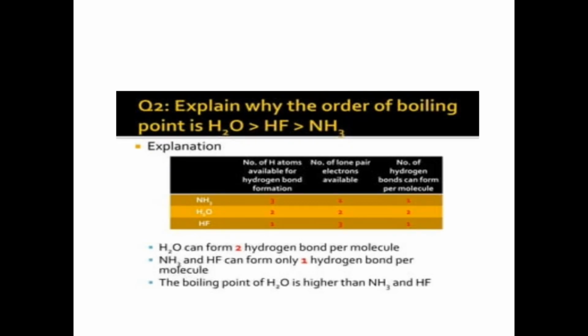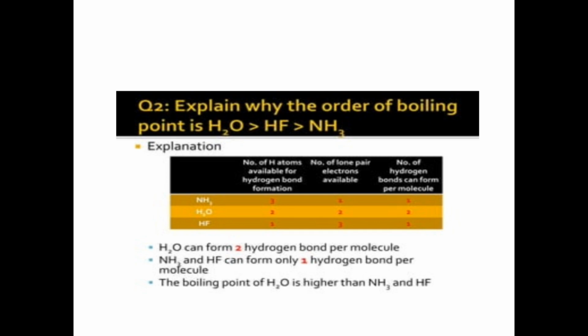And of course, we have to look at the order of these boiling points in them. H2O rather is greater than HF and NH3. Why is this so? Because H2O can form two hydrogen bonds per molecule, while NH3 and HF can only form one hydrogen bond per molecule.